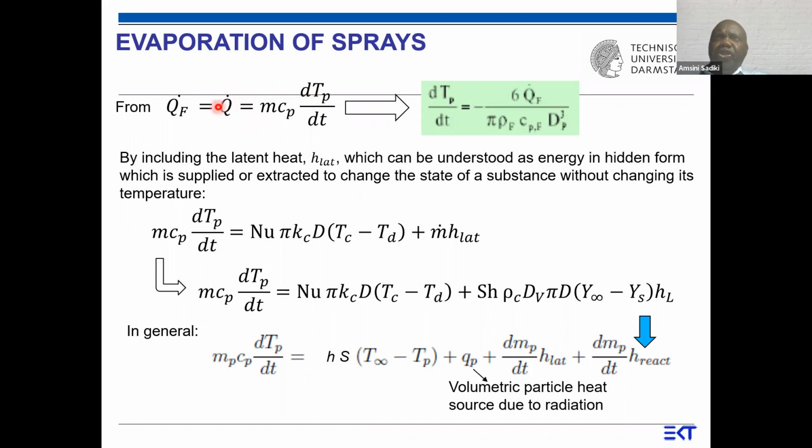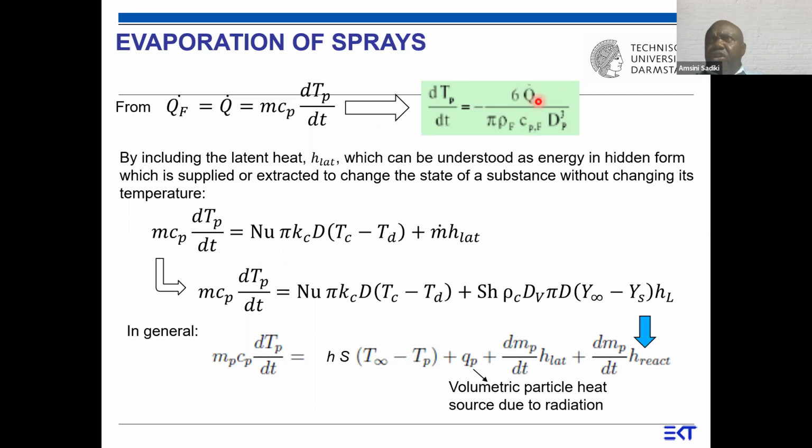We have this expression here, and from this expression we only need to write dTp, the variation of the temperature of the particle with time, and we put this here, and we say that m is the mass of a spherical droplet, and we get this expression.